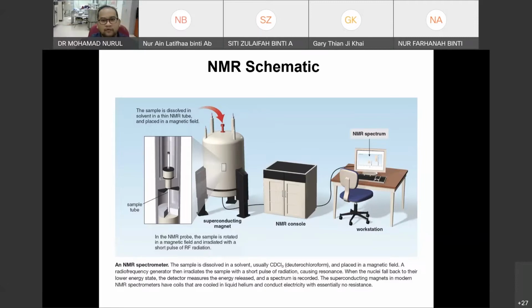Now, in USM we have 3 units. One in pharmacy, which has a problem now. The second one at the iPharm, where we bought a 700 megahertz.